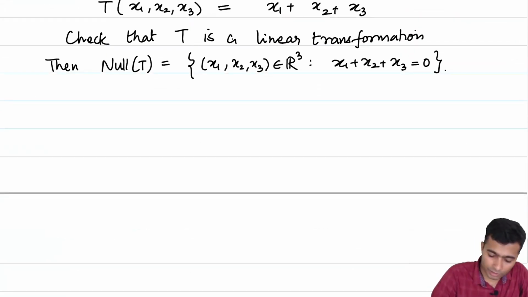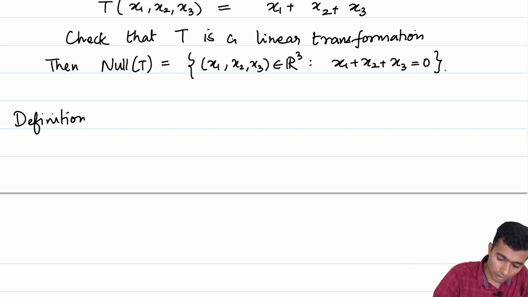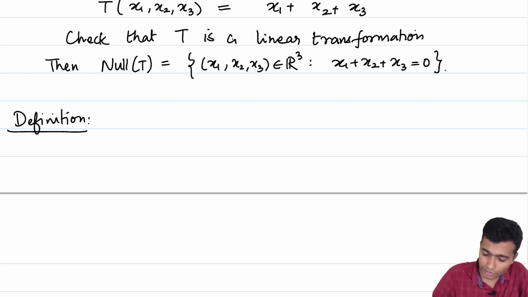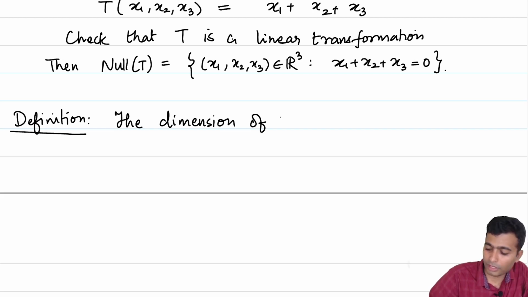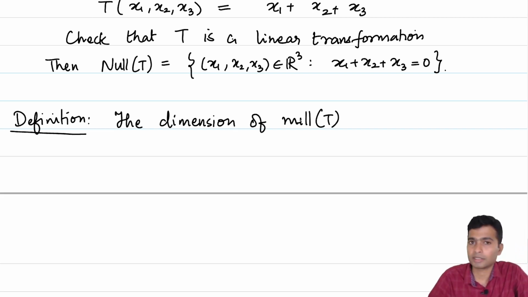Okay, one more definition. The definition is of the nullity of T. Remember that the null space is a subspace of the vector space V, and hence we can talk about the dimension of this vector subspace.